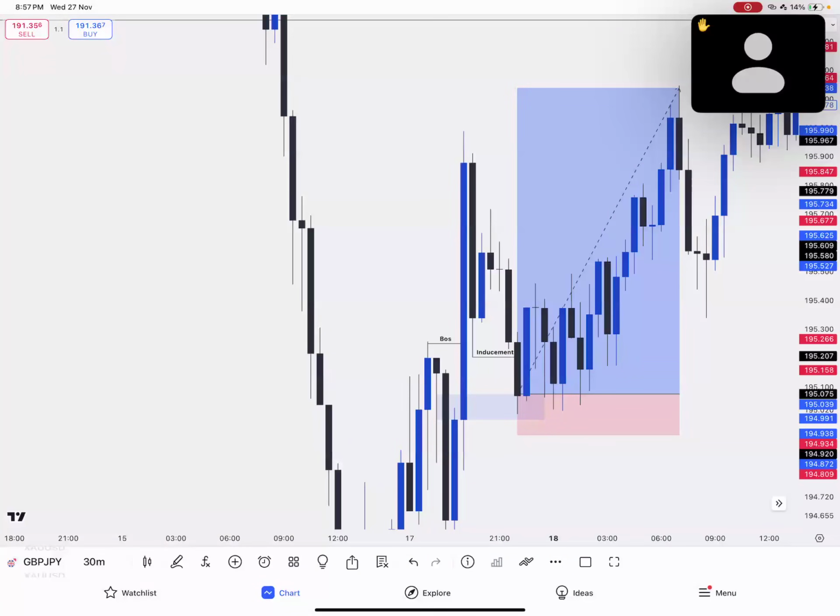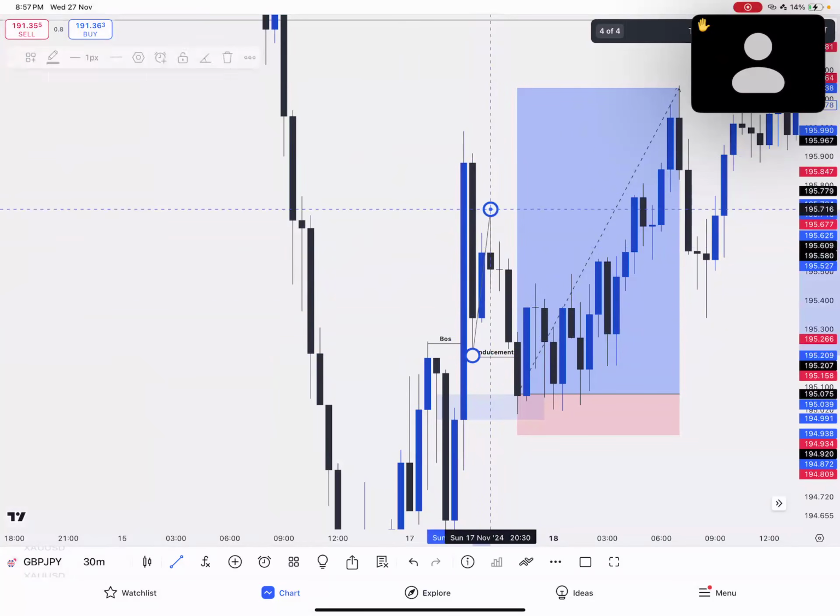So this is our inducement. And what it did, it pushed the market close to 50% of the last high. So that is the trap in the market, your inducement.